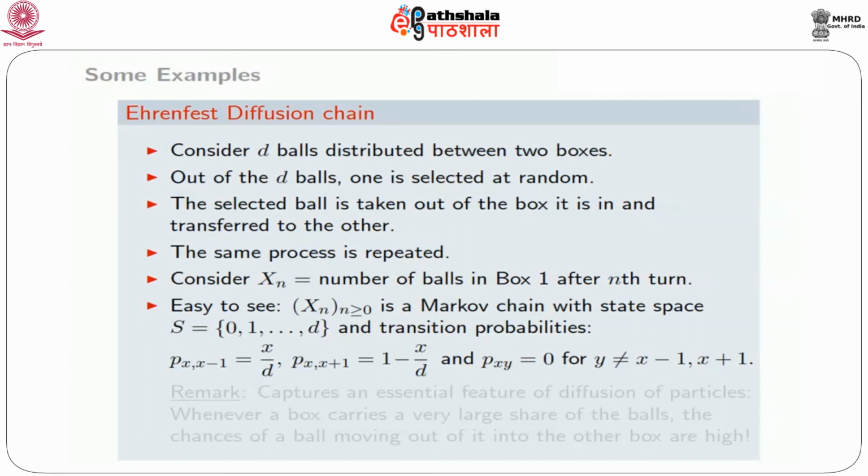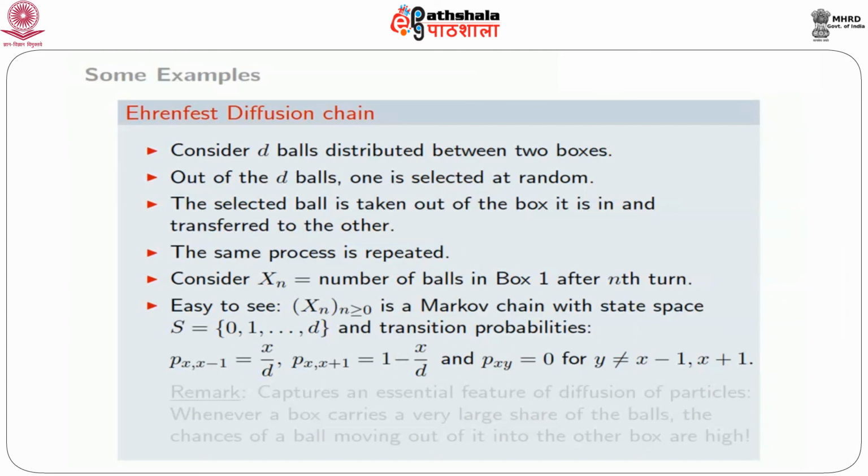The probability that the ball selected is from box 1 would be x over d, given that there are x many balls in box 1 at present. Each ball has probability 1 over d of being selected.